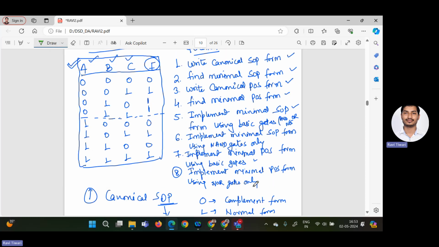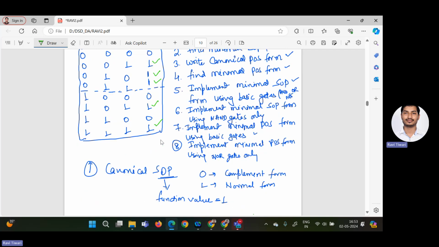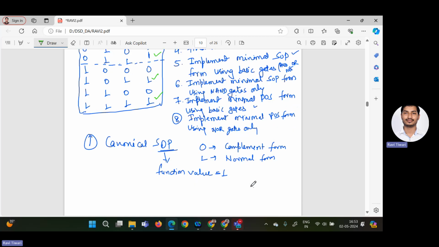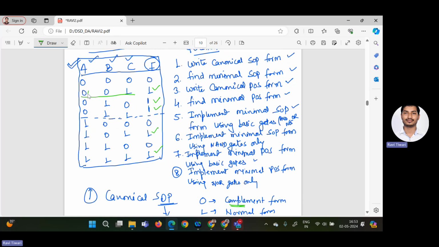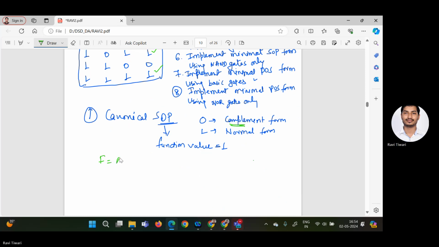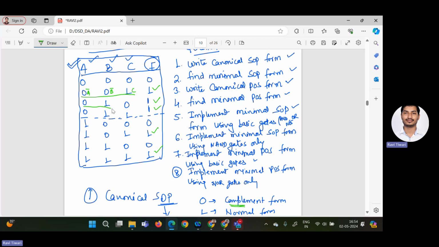Now you see the function value is 1 for this condition, this condition, this condition, this condition, and this condition. In this condition, we have the combination 0, 0, 1. As I told you, 0 represents the complement form. So F is written for this combination as A bar, B bar, C. Next is the condition 0, 1, 0.